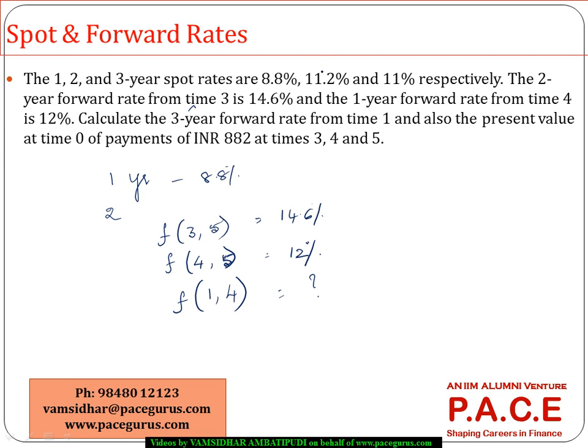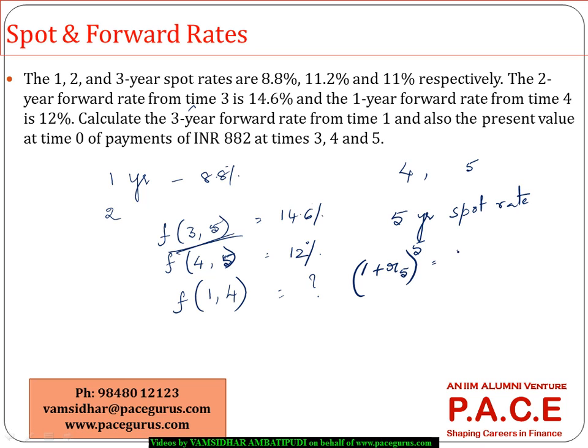Now, if I know the spot rates for 4 years and 5 years, all the remaining calculations can very easily be addressed. So what we can think of doing is, using this information, first finding the 5-year spot rate. How do I get the 5-year spot rate? So 1 plus R5 to the power 5, whatever is the 5-year spot rate.